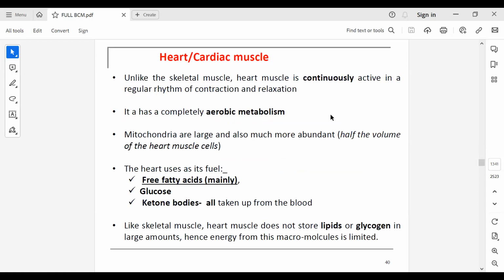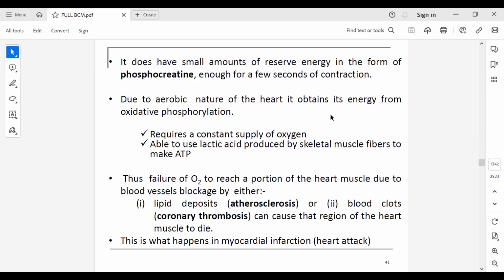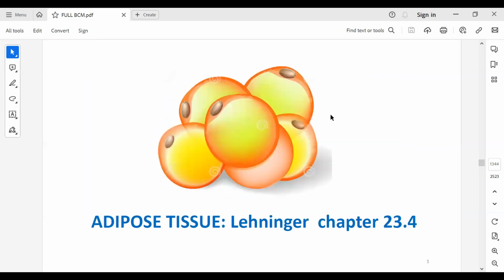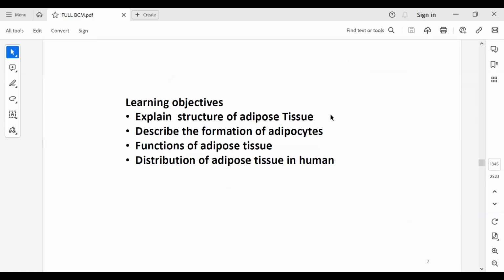That's why the main source of its energy is mostly free fatty acids, while for the brain it is glucose. We know the smooth muscle also, which mostly forms the cavities. Yeah, that's about the muscle tissue.